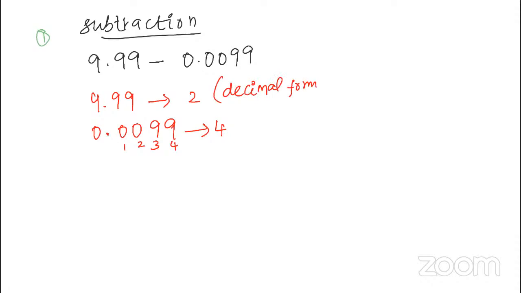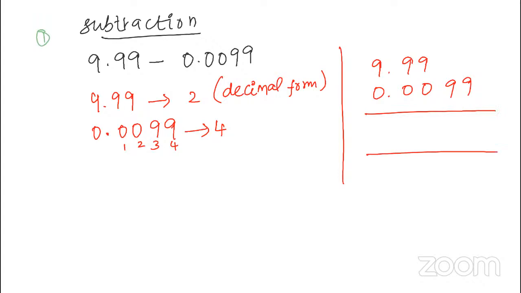We can write either decimal form or decimal point. Both of them are correct. Okay. So now we have to subtract this one. Okay. So 9.99 and here 0.0099. Okay.